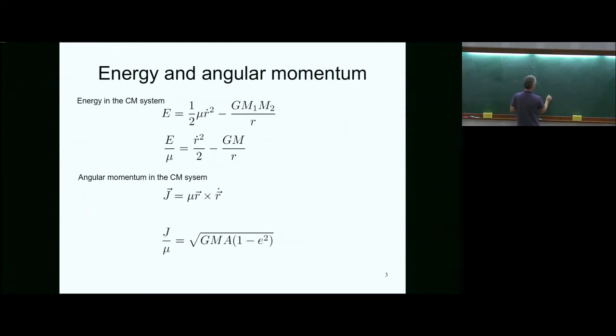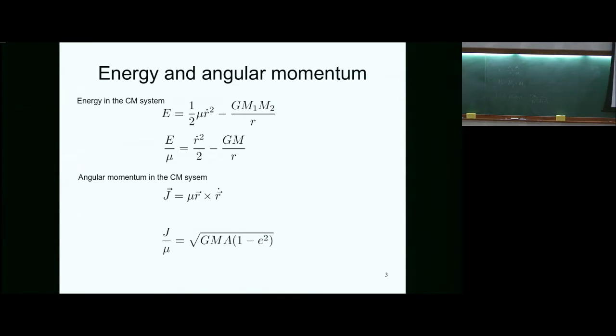So this is m1 m2 over m to the 1/2 square root of GMa. Yeah. So we can cancel out this m, and this is an important formula that we will use later.